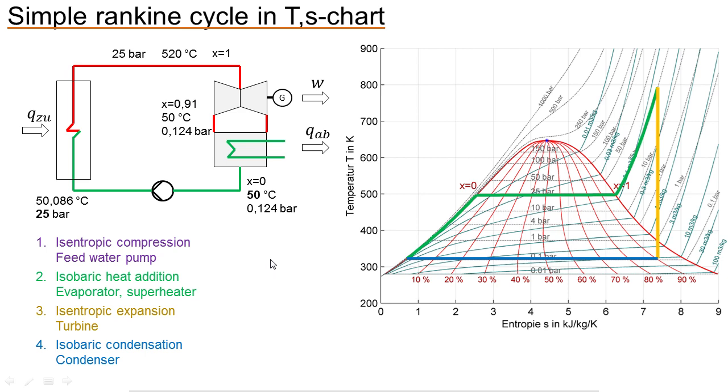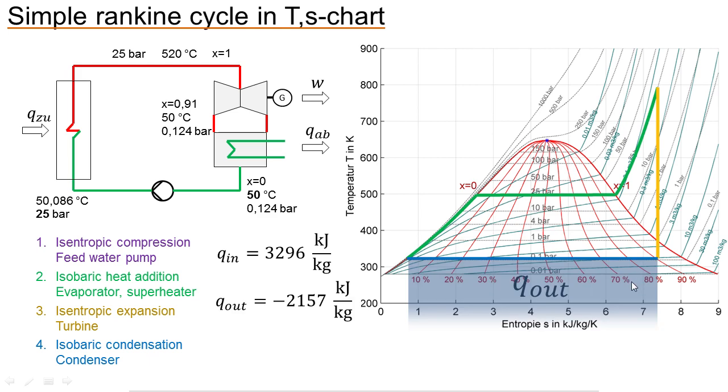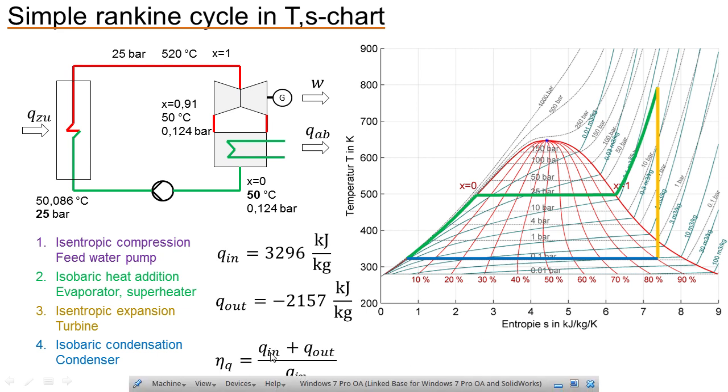I can calculate the efficiency here by painting some squares and some triangles. It's quite easy to paint them here. And if you calculate this area here, the squares and triangles, you get this number. This is the specific heat you put in, and this square here is the specific heat you put out. You can calculate the efficiency of this process now like this.